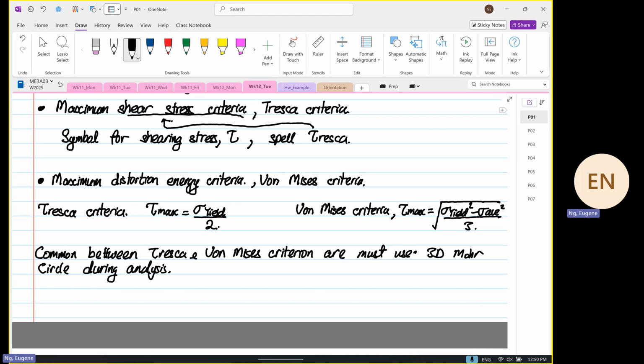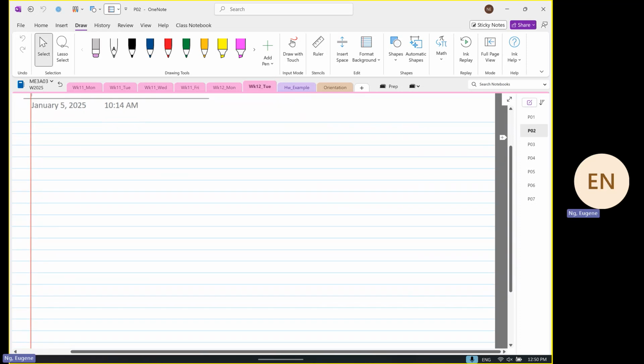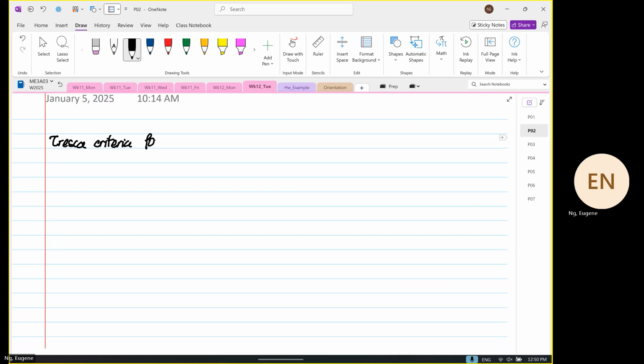Right. So we are now going to focus on the Tresca criteria now. Okay, Tresca criteria. So in Tresca criteria, we know that tau max is equal to stress yield divided by 2.